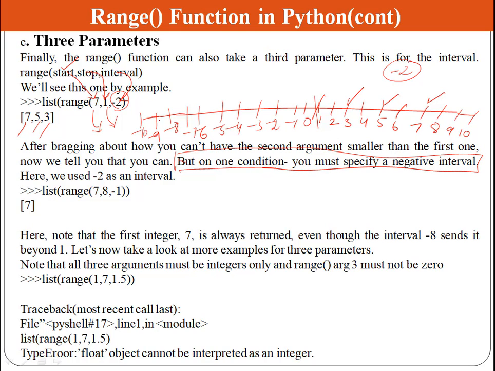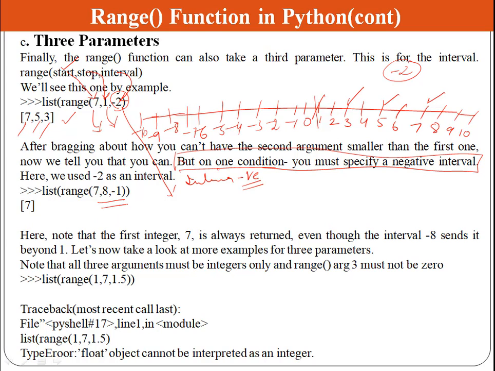But here we are getting the result also. Here the condition is you can use it, but the interval should be negative, right? So here it is negative. So 7, minus 1, so it will display 7 only.